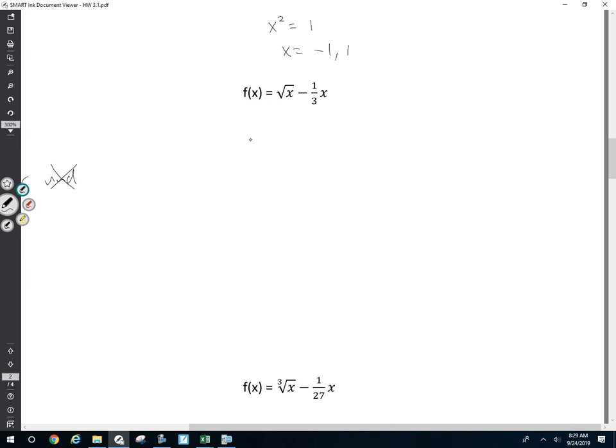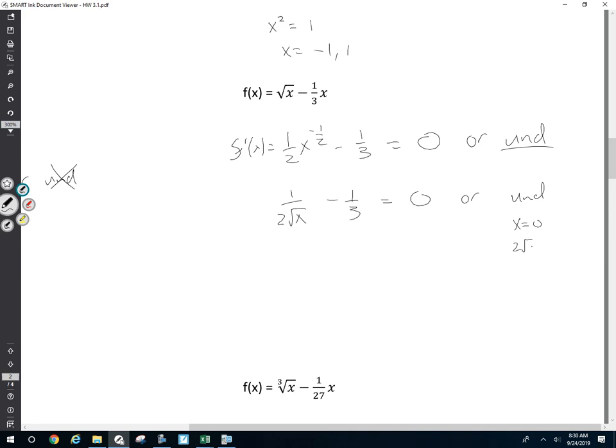This guy, x to the 1/2, its derivative is 1/2 x to the -1/2. Now, make sure we remember this piece, because this has a denominator. It's got the 2 root x. When x is 0, 2 root x equals 0, and f prime is undefined.